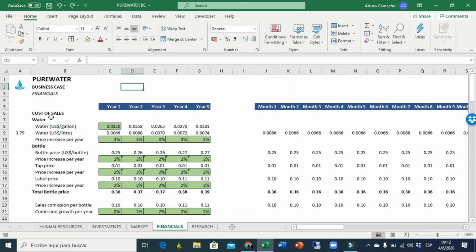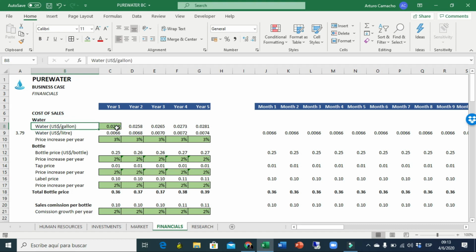Okay, here is some work ahead I made. The cost of sales, which I talked about in the introduction, consists, of course, of the water, the bottle, and the sales commission. The water itself depends on the tap water price of the city where you are.